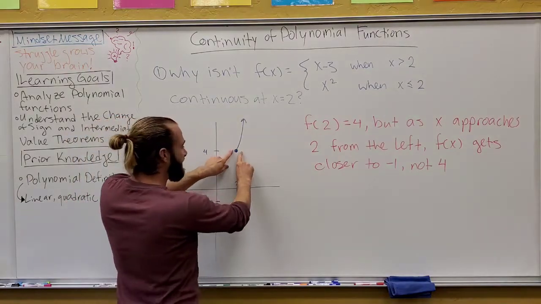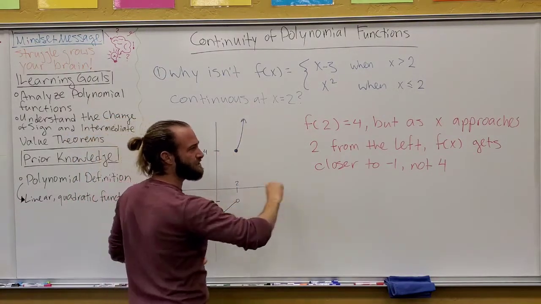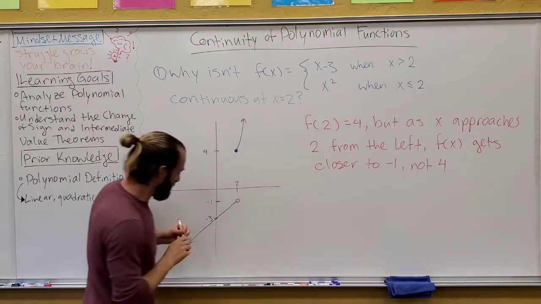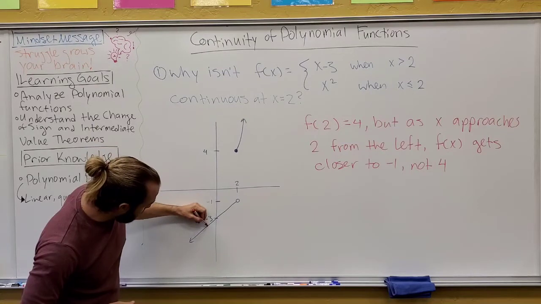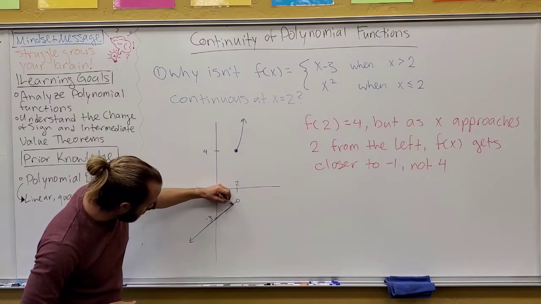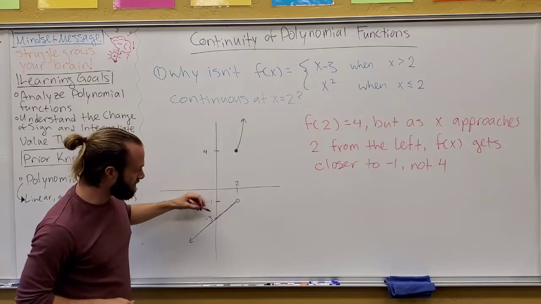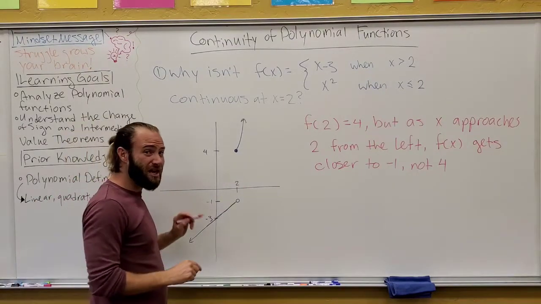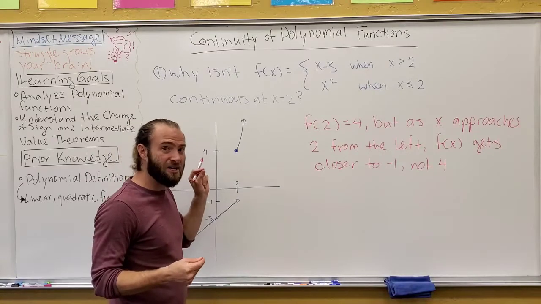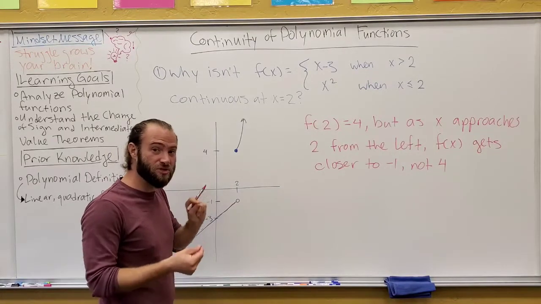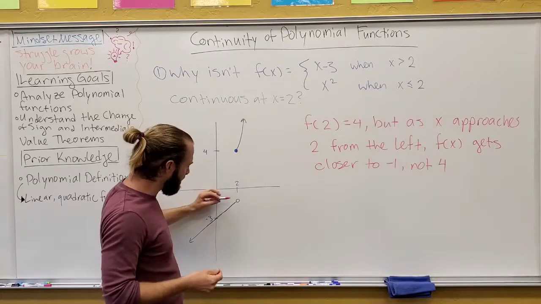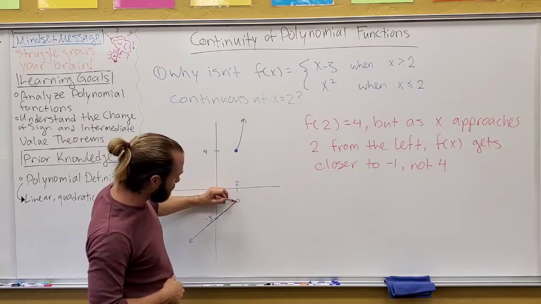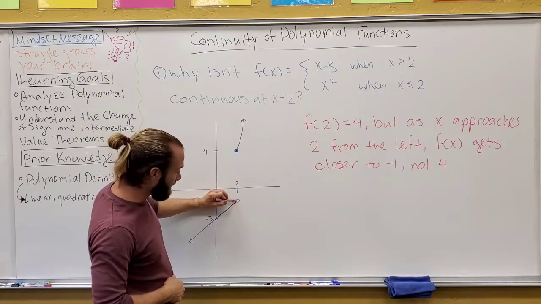So we know that the output here is 4, right? But as x approaches 2 from the left, if I'm traveling towards x equals 2 from the left side, remember that the definition said I need to be able to get as close as I want to x, and that also gets us as close as I want to the actual output, right? But look what happens here. I can get as close as I want to 2 from the left side, and I can get closer and closer.